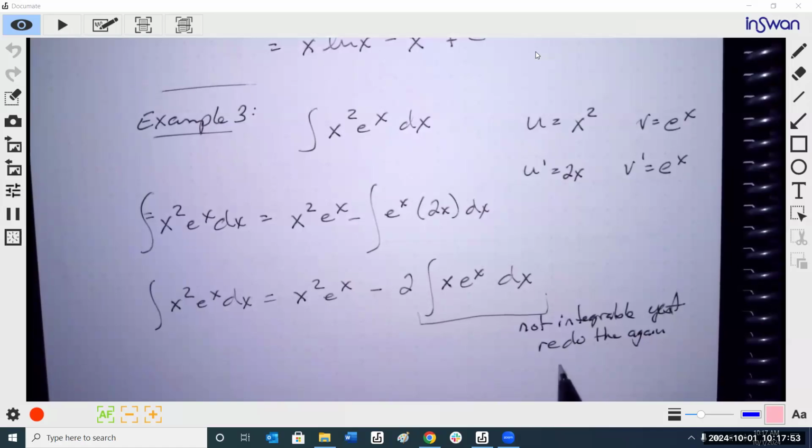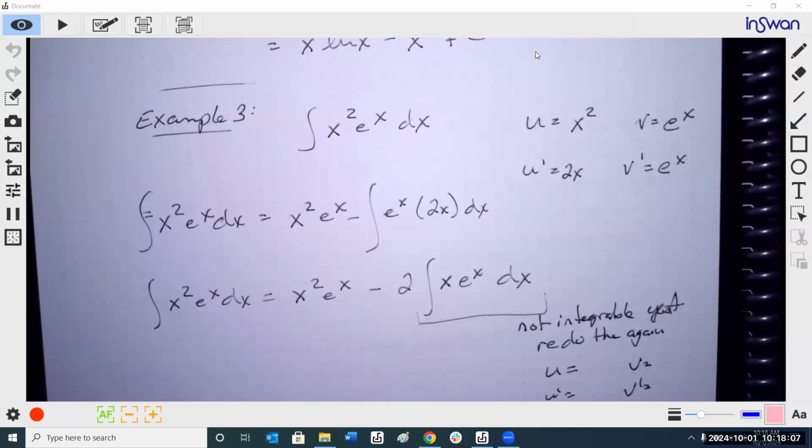For this part here, we have u prime and v prime. So we have x as my u, and e to the x.